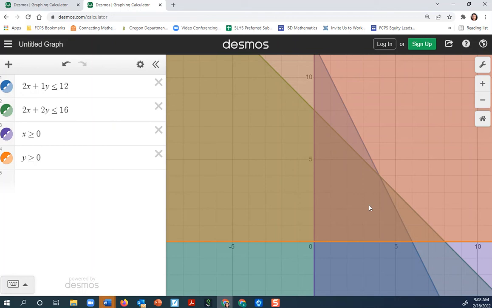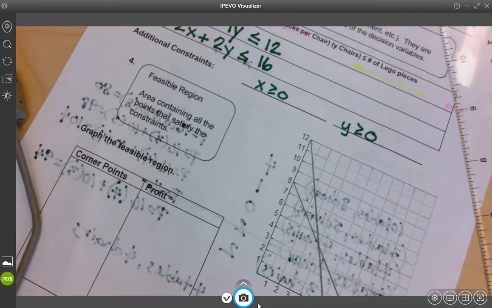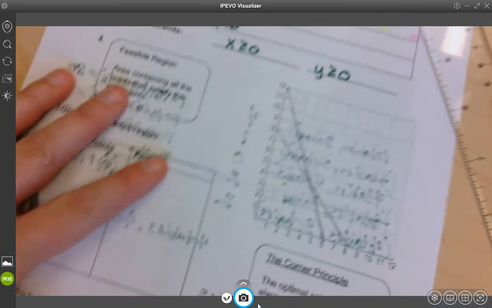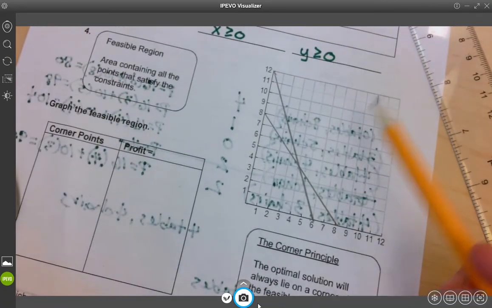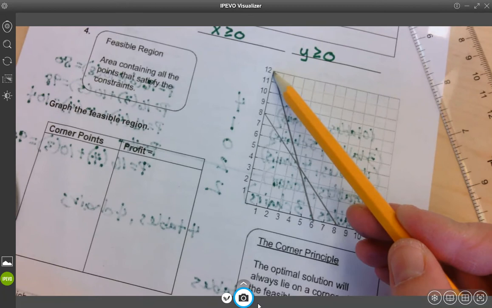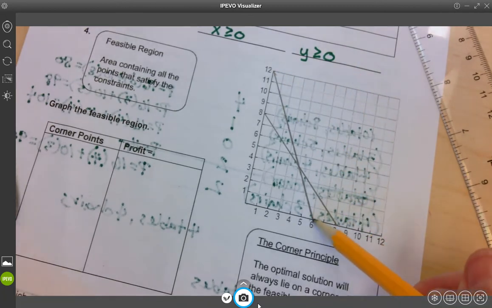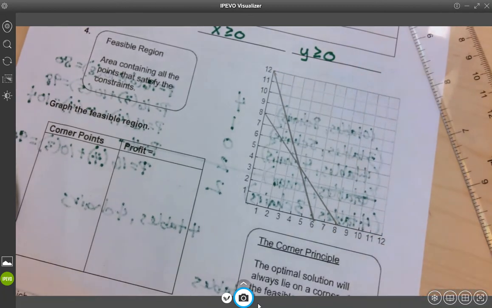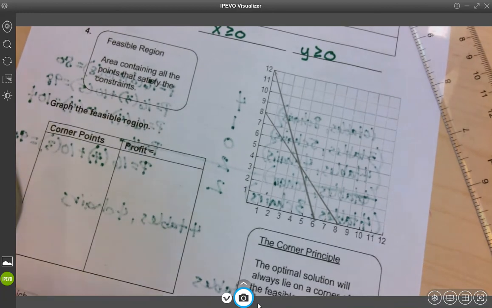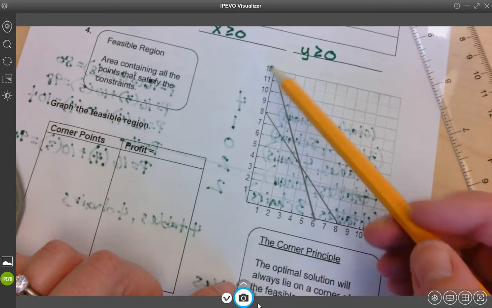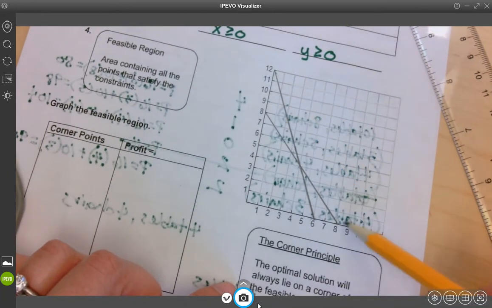And I'm going to show you my paper. Okay. So I graphed the first line actually is the one that has a y-intercept of 12 and an x-intercept of 6. Rulers are right here if you want to grab a ruler. And then the second line has x and y intercepts of 8.